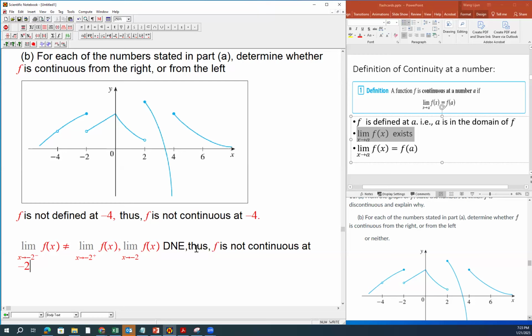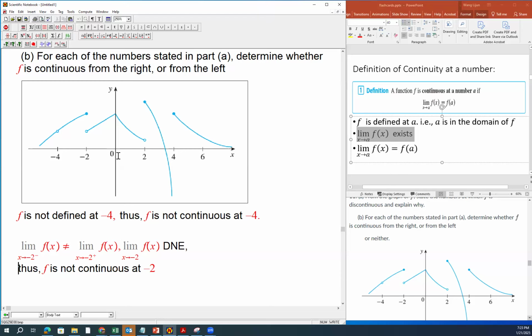Let me make it two lines. This is how much you have to say. But you're going to use notation to make your statement clear and concise. So that's at -2.